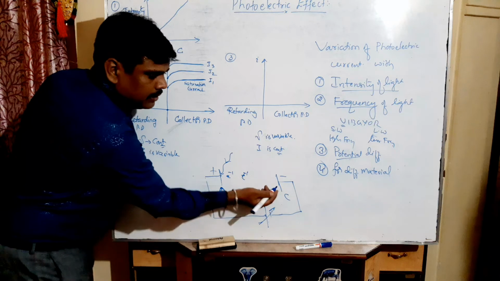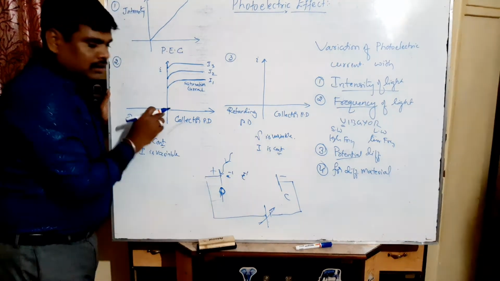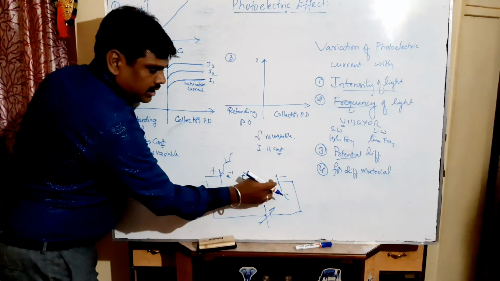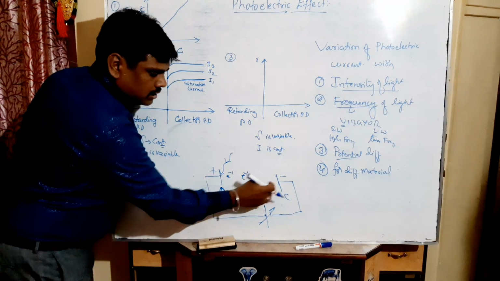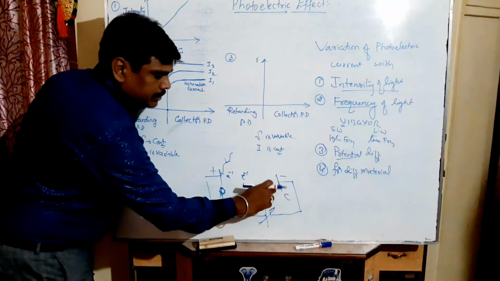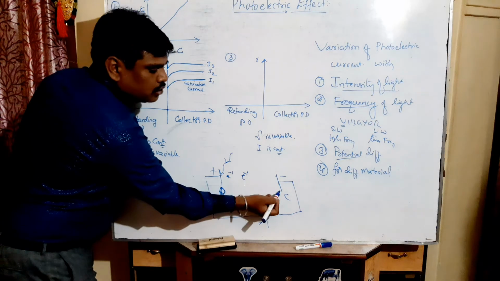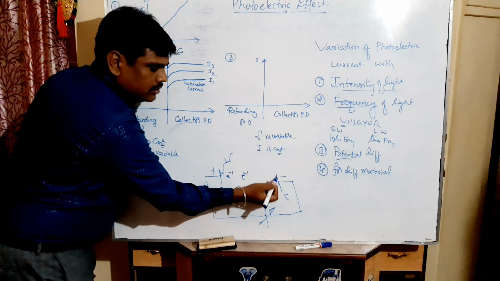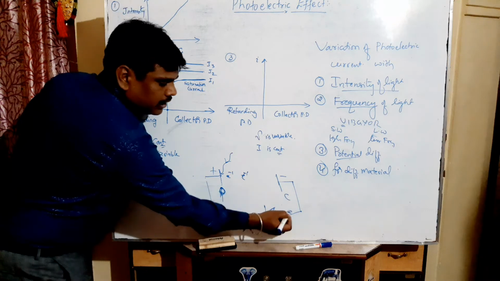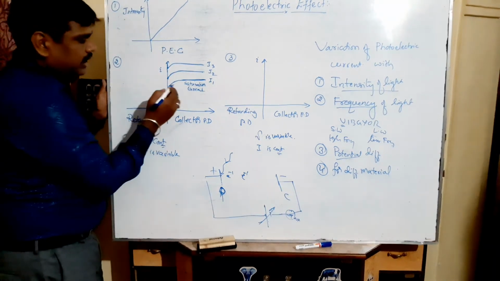If you increase the collector potential in the negative direction, the higher energy electrons also get stopped from reaching from here to here. At a particular voltage, all the electrons are completely stopped by the collector plate potential, and the photoelectric current becomes completely zero.